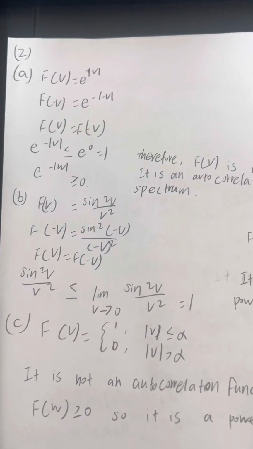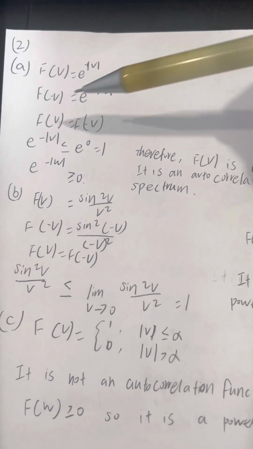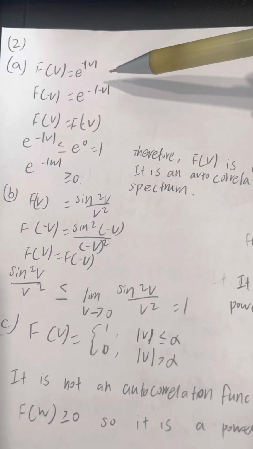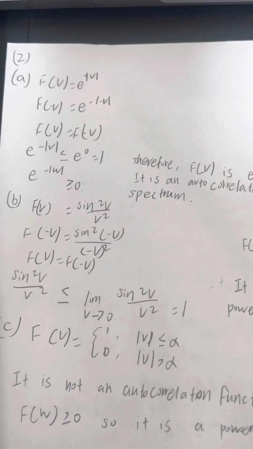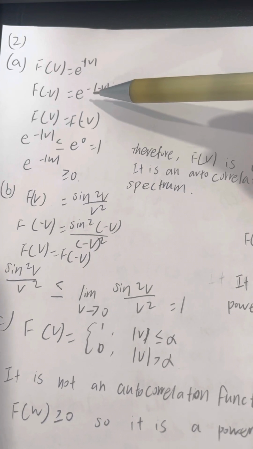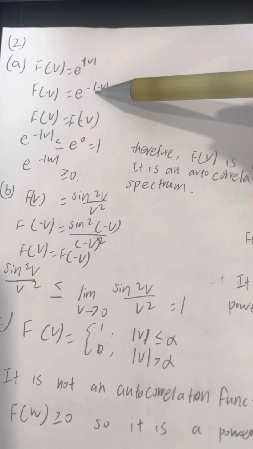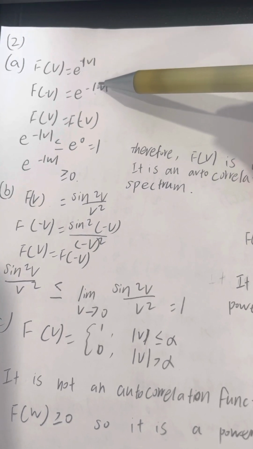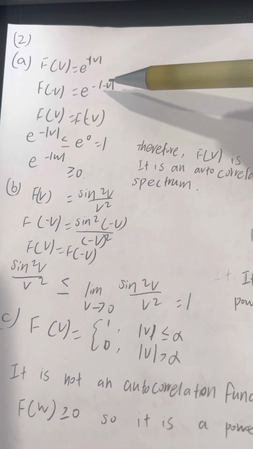So for part A, when f(v) equals e to the negative absolute value of v power, we get f(-v) equal to e to the negative absolute value of negative v.